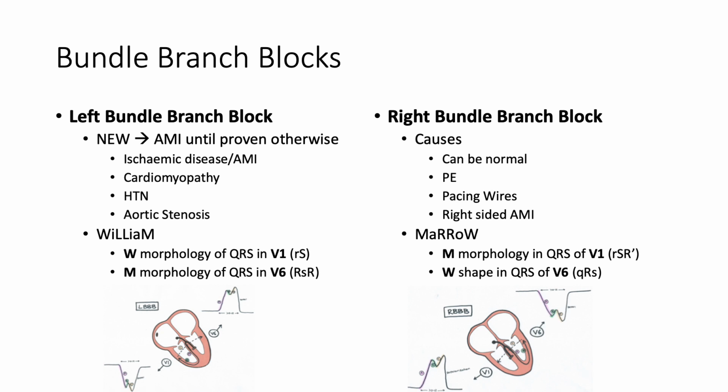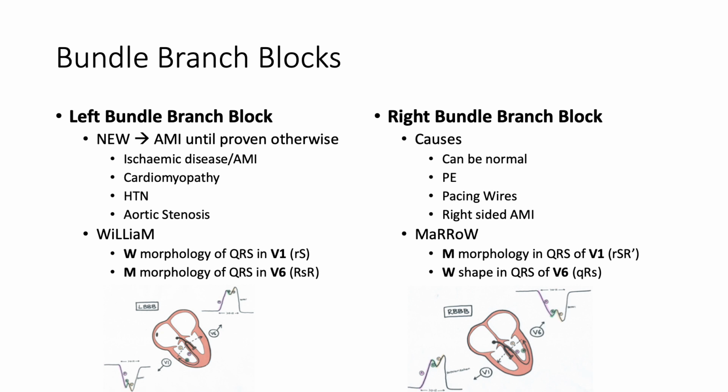So you're looking for a W shape in the QRS in V1, which is technically called an RS, with the R being little. And then you're looking for an M morphology, and that makes your William with the L in the middle indicating left. And the opposite is true for the right. So a right bundle branch can be more normal. Otherwise, it's right-sided issues.